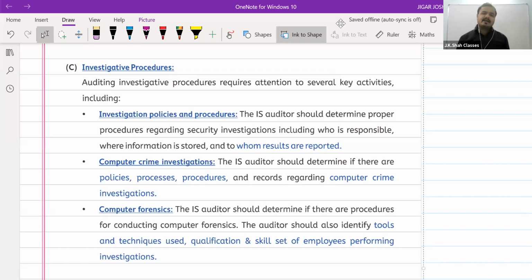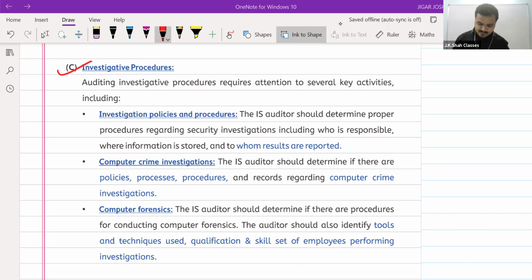Now all these things demand your point number C, my dear chartered accountants. Sir, what is it? People, point number C is called the investigative procedures. Now, what are these investigative procedures? Sir, whenever some criminal activity or crime takes place, or some investigation is required because some data got deleted or the system got malfunctional and is not working in the perfect manner, then first we should have a proper investigation wing, an investigation team, I mean to say.